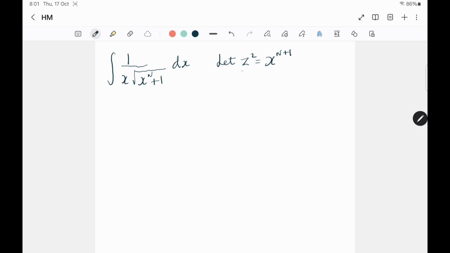So differentiating, you get 2z dz equals, so that should be x to the n plus 1, is x to the n minus 1 times n dx.